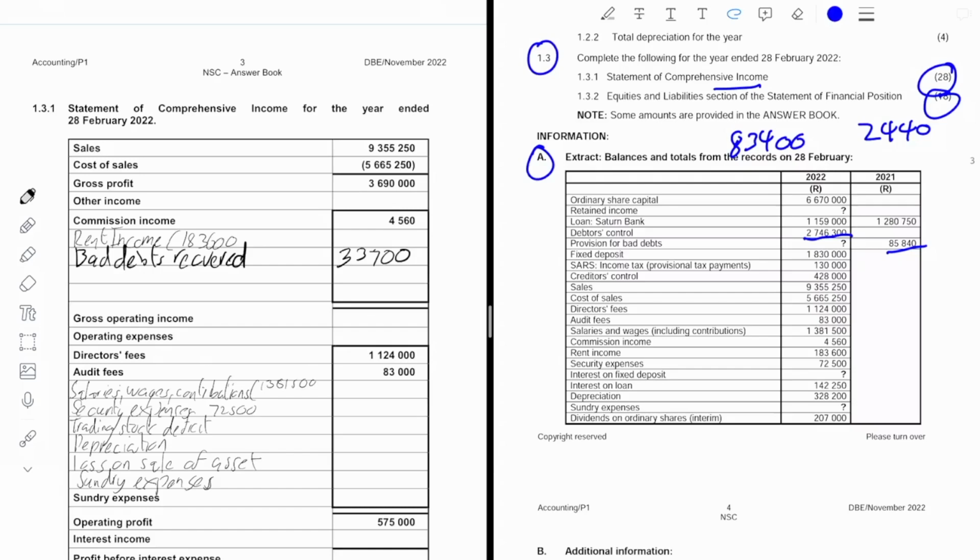Our provision for bad debts adjustment will be an income, and it needs to go in the income section. So provision for bad debts adjustments, and then this is just the figure of 2,440 that we just calculated.